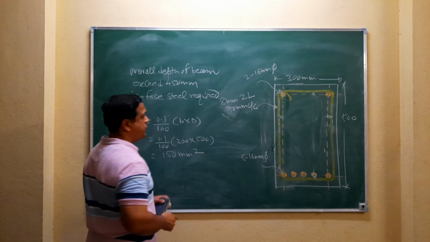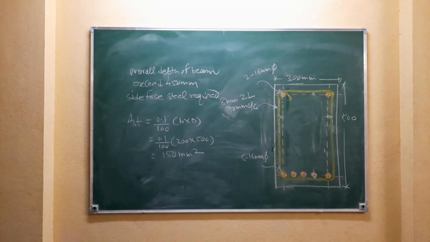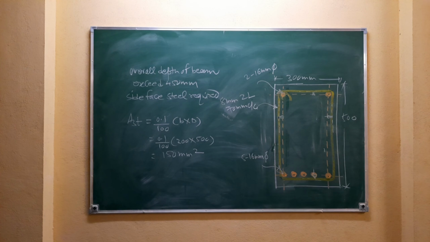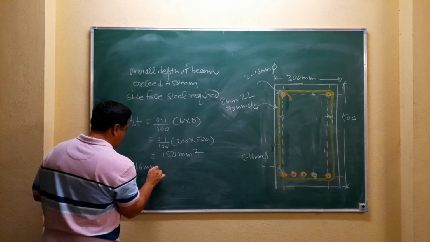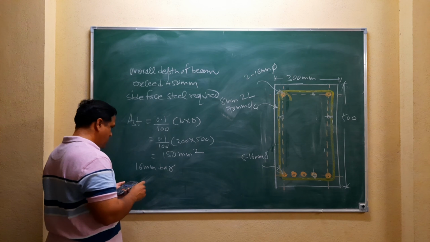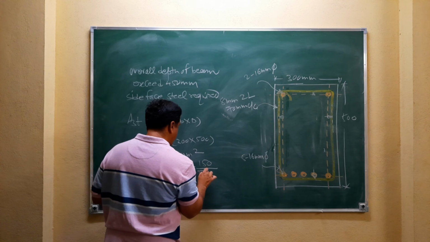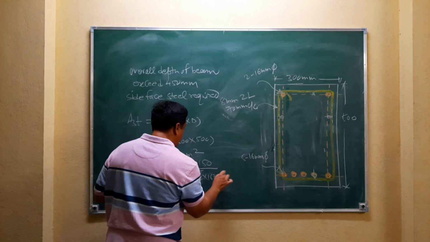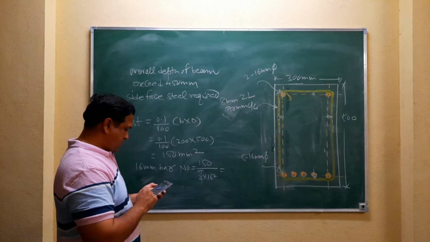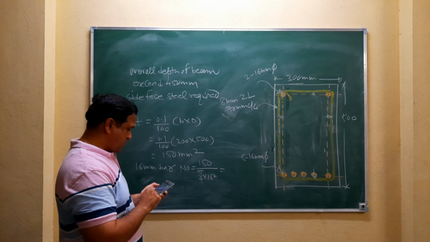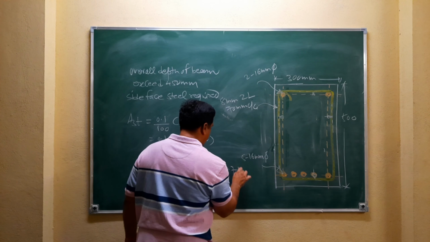If you assume the 16 mm bar diameter, the number of bars required is 150 divided by pi by 4 into 16 square, which is 0.74.